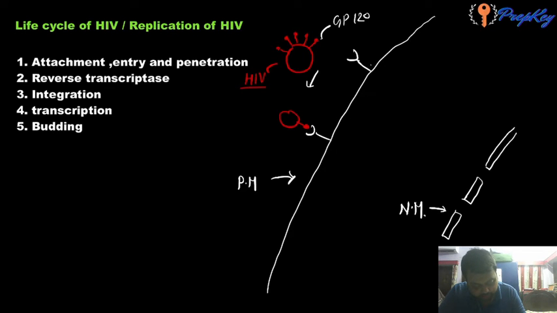They open a way for the virus to release its genetic material, single-stranded RNAs, and certain enzymes: reverse transcriptase, integrase, protease.